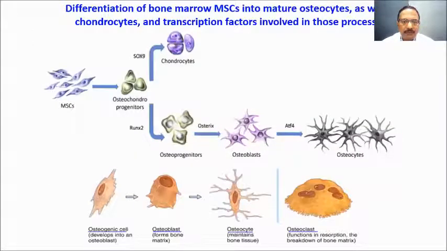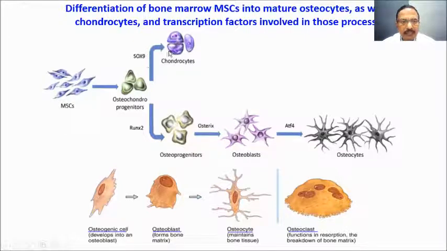So, as I told you, osteoprogenitor cells and osteoblasts differentiate from the mesenchymal stem cells, and these osteoprogenitor cells as well as chondrocytes derive from the same cell lineage by the influence of various transcription factors.